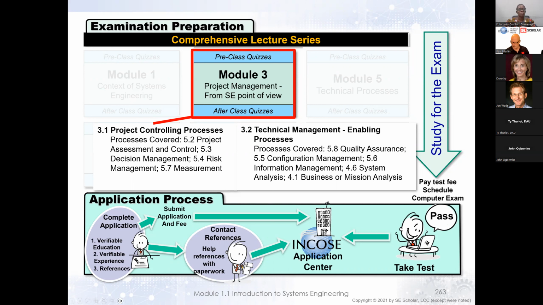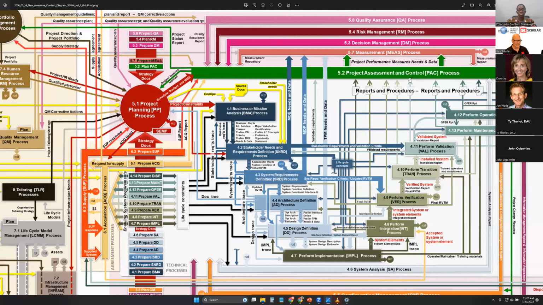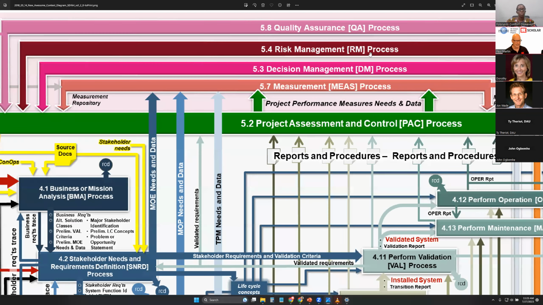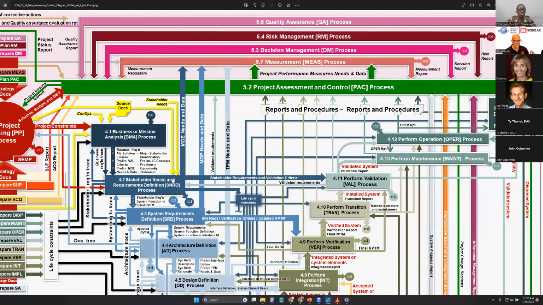If you look at my chart, you'll see that measurement takes in the measure of effectiveness, measure of performance, and technical performance measures.